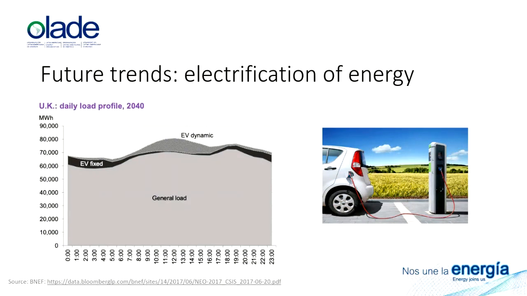So we'll see two new phenomena. The fixed charge on residential users, for example, at night when you get home and you start charging your electric vehicle, but also dynamic charging, which could be done at the parking lot of your work or at the supermarket or while traveling midday from one place to another.